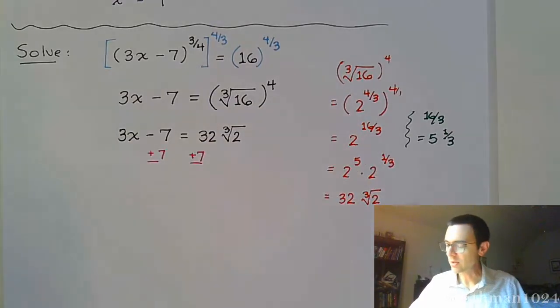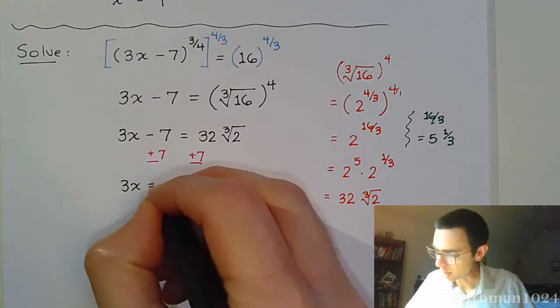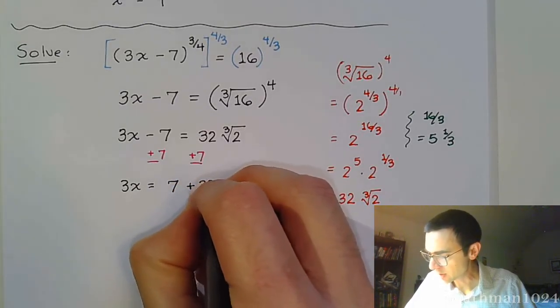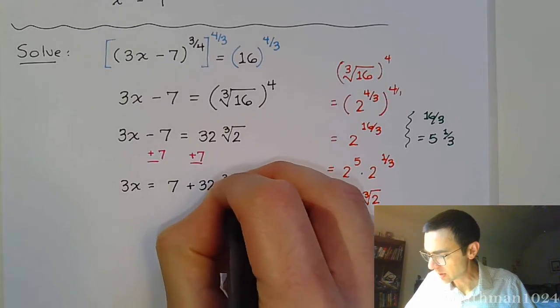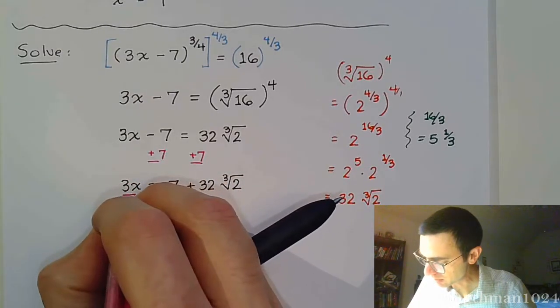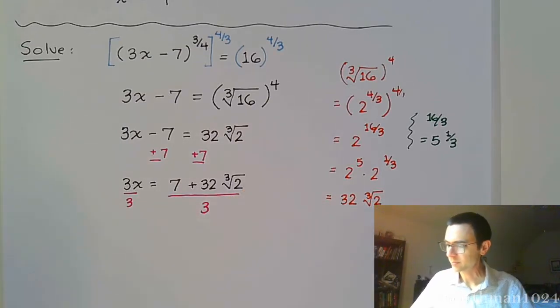Now understand that 7 and the radical don't get to go together, so they must remain separate. So 7 and a positive 32 cube roots of 2. And then we finish by dividing everything here by 3.